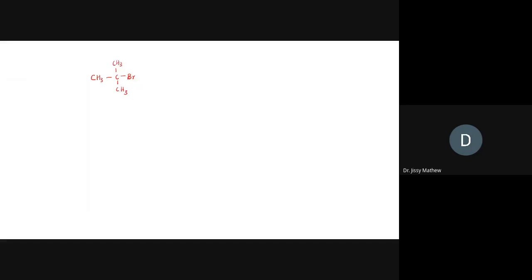When tertiary butyl bromide is treated with alcoholic KOH, the product formed is CH3, C, CH3, double bond CH2. That is 2-methyl propene.